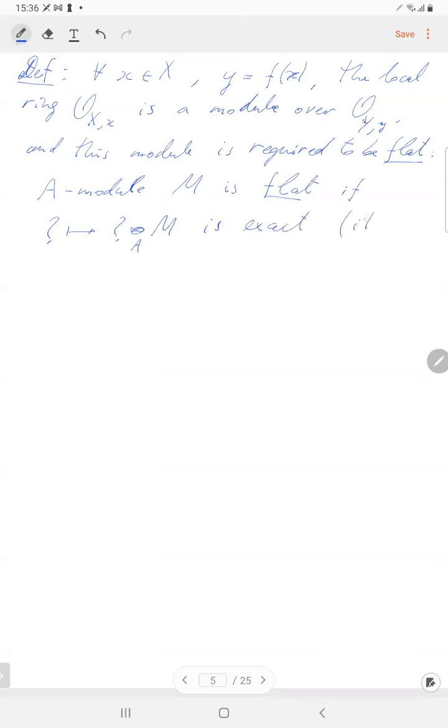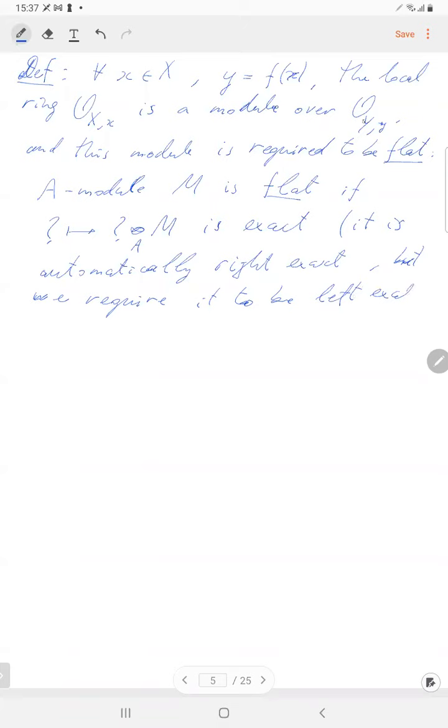Recall that it is automatically right exact, but we require it to be left exact. That is, we require it takes injections to injections, embeddings to embeddings. Okay, so this is the definition.